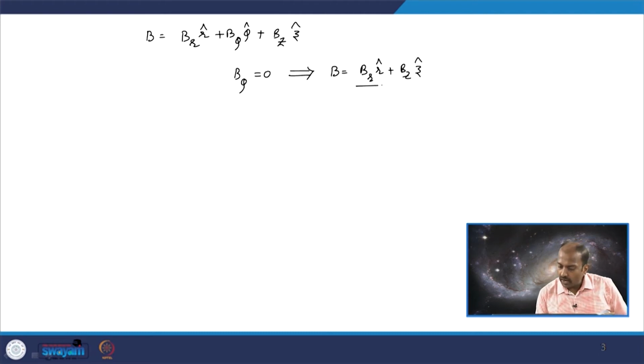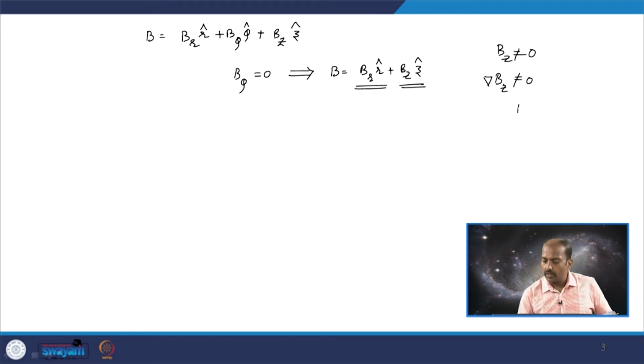Now, how do we find Br? We know Bz, we know that Bz is the non-zero component of the magnetic field, whose gradient is also present, right. So, Bz is of course non-zero, and del B is also non-zero. But how do we find Br?